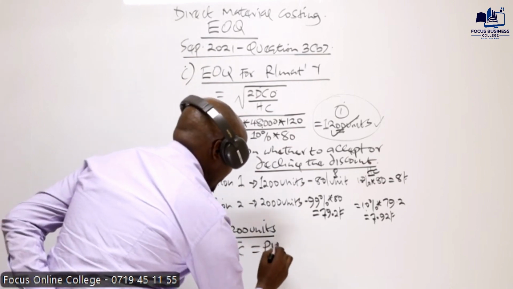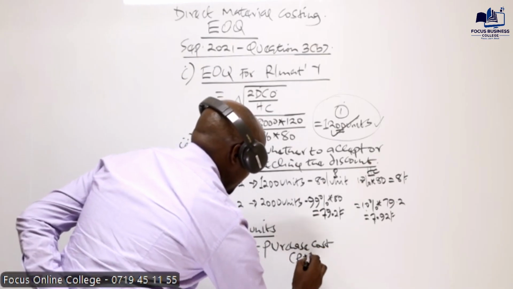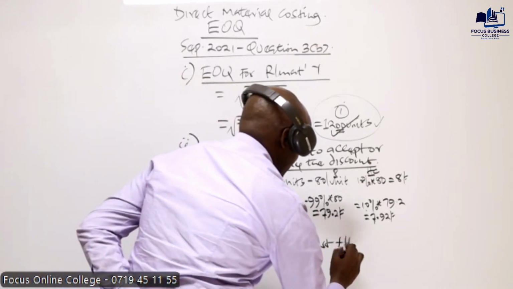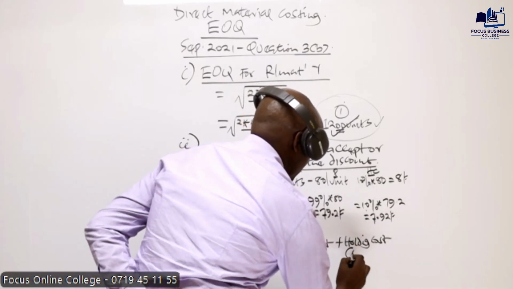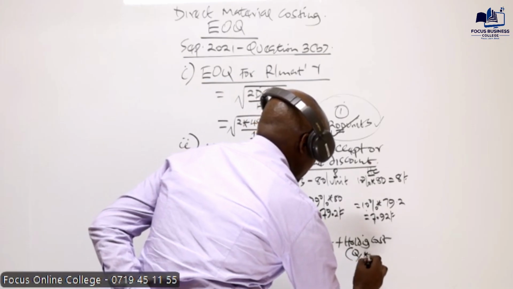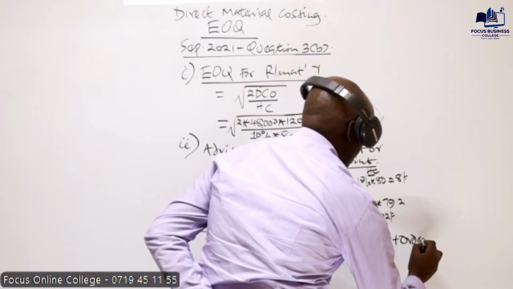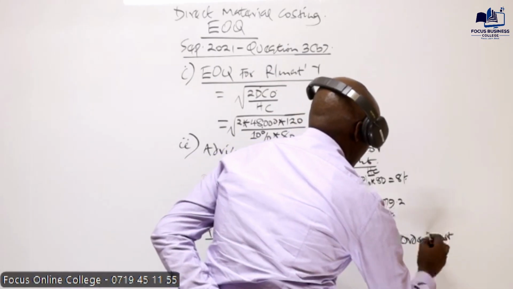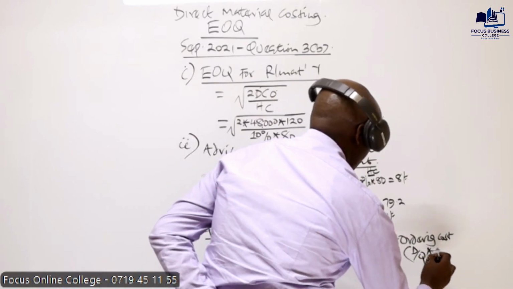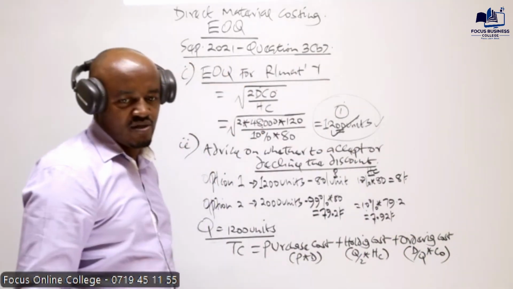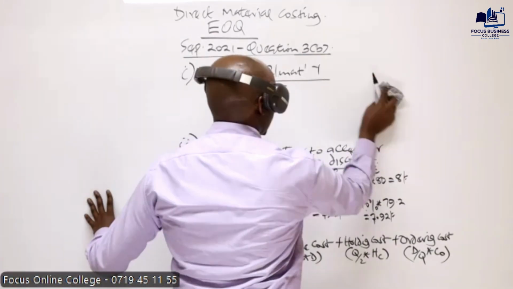First, have the formula: the purchase cost, which is equal to P times D, plus the holding cost, which is Q divided by 2 times HC, plus the ordering cost, which is annual demand divided by Q times C naught.